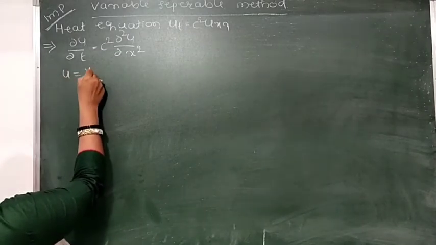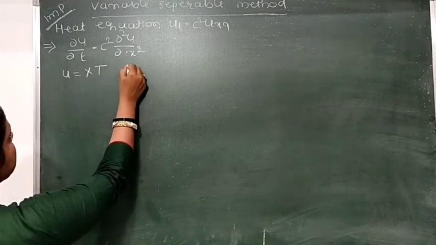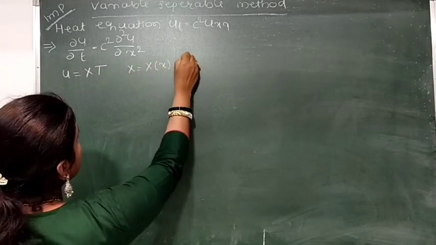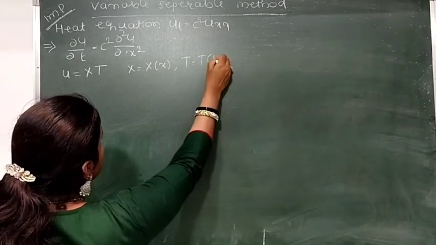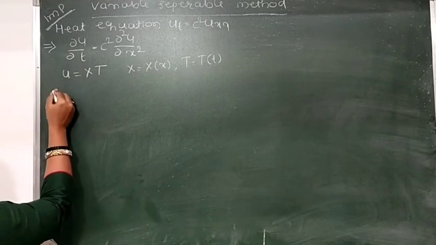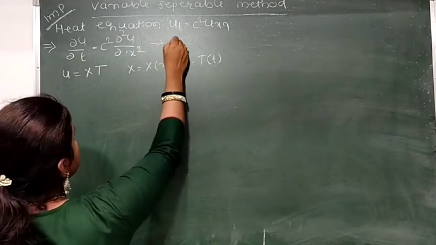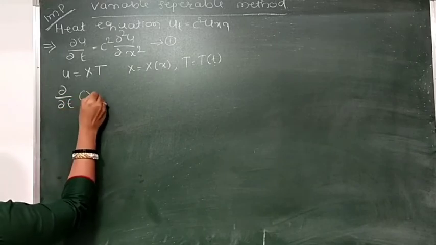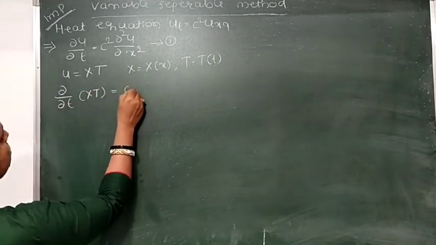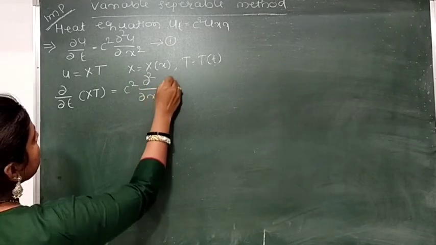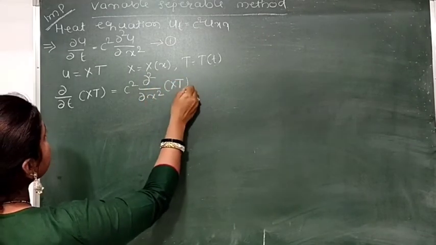u = X T, where X indicates a function of x and T indicates a function of t. These are the solutions; you have to replace them in our equation. We call it equation number 1. ∂/∂t of XT is equal to c² ∂²/∂x² of XT.